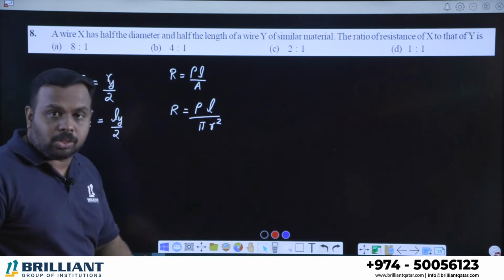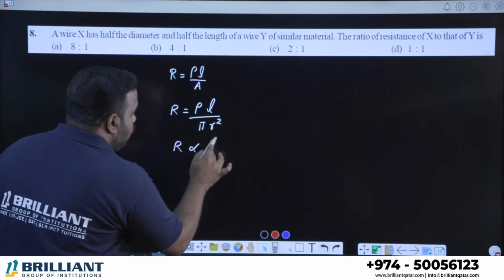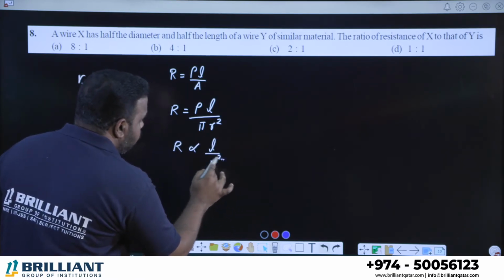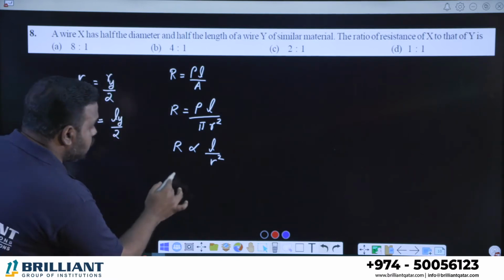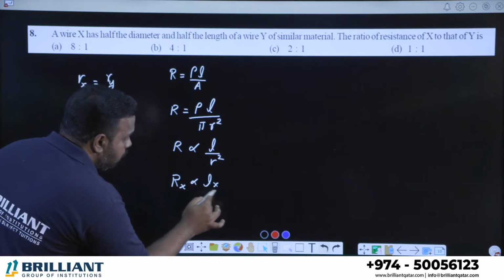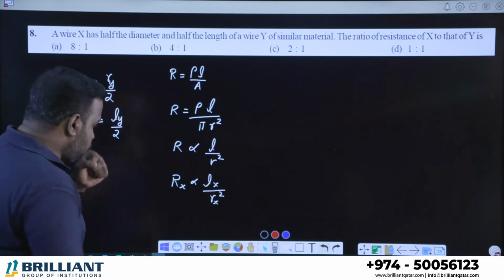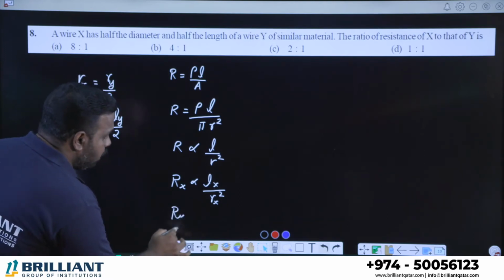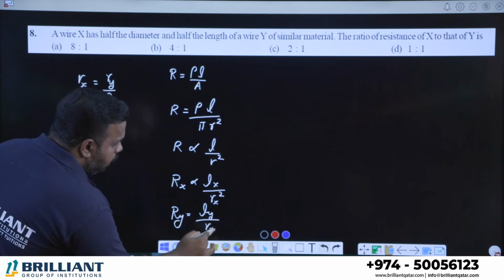Pi is always a constant. That means we can write R is proportional to L by R square. So resistance of X is proportional to L of X by R of X the whole square. Similarly, resistance of Y is proportional to L of Y divided by Ry the whole square.